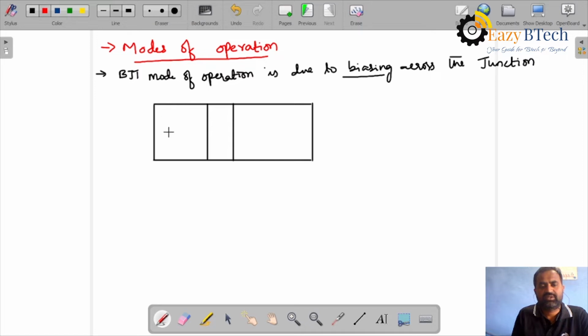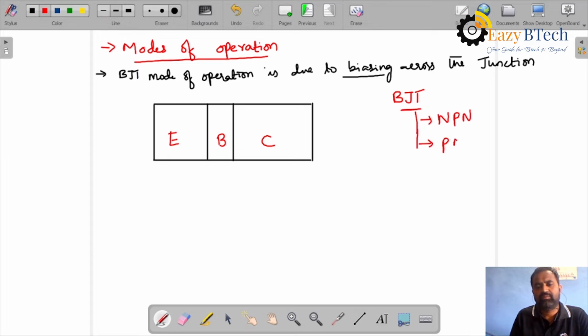This we will call an emitter, this a base, and this a collector. Already we discussed BJTs are of two types, NPN or PNP.